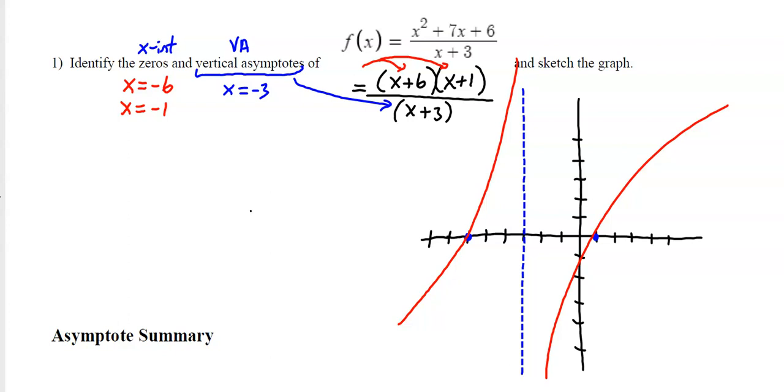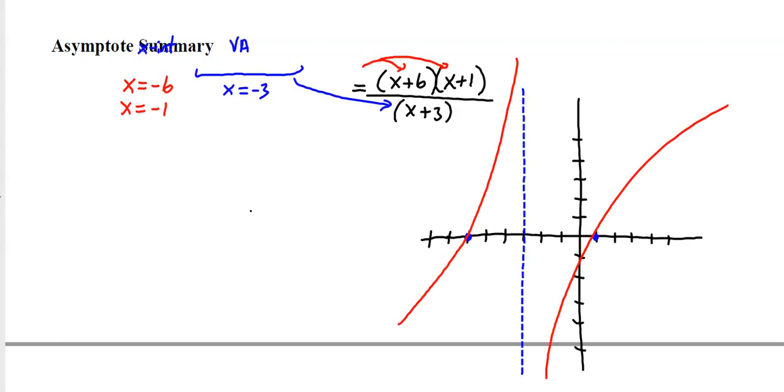So I want to go through a little bit of a summary. So you're going to know when there are going to be asymptotes, and when there are not going to be asymptotes. So in this situation, if it's in this form, P over Q, as opposed to the other form that we were talking about, the A over X minus H plus K form.